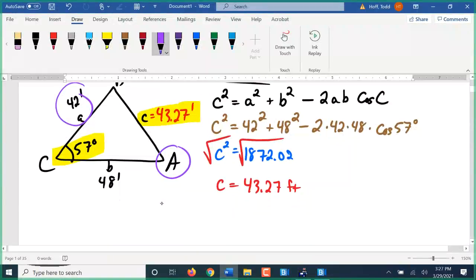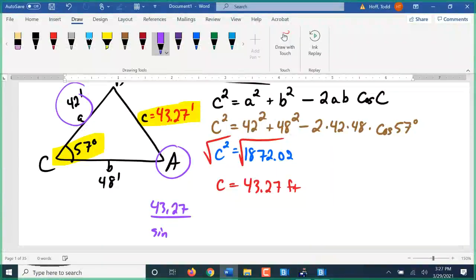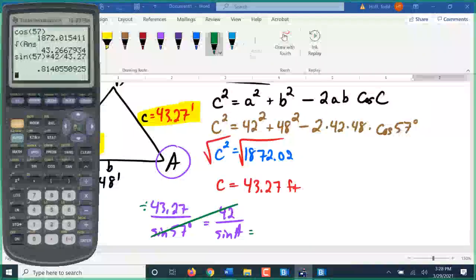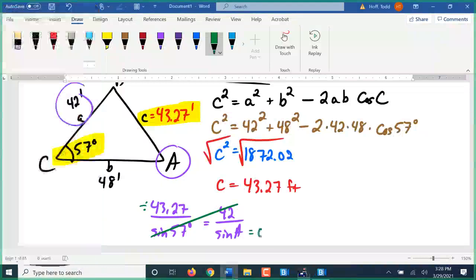It's going to be the 43.27 feet over the sine of 57 degrees equals the 42 feet over the sine of A. And we will cross multiply and divide. Sine of 57, close parentheses, times 42, divided by 43.27 gives us 0.8141 for the sine of A.